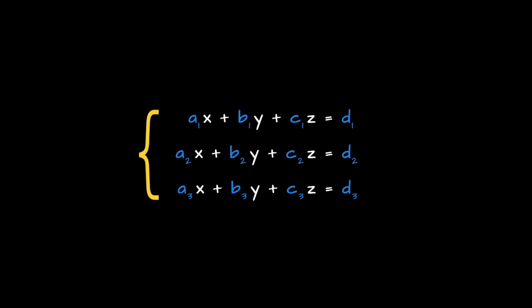To recap, the strategy for solving a system of three linear equations is to select two of those equations, and then, possibly after multiplying one or both of them by a convenient non-zero number, add them together to eliminate a variable. You could choose to eliminate the variable x, but it could also be y or z.